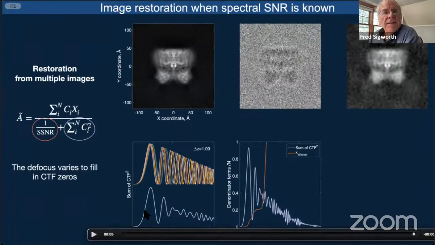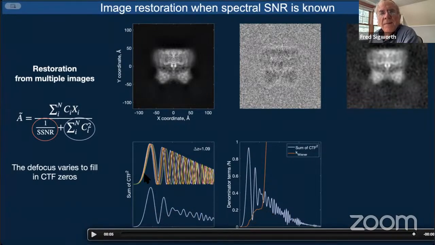these quantities accumulate. So here are the individual CTF squared values. Because I'm doing this at a range of different defocus values, when I sum them together, I get something that doesn't oscillate quite as badly as the original CTF.